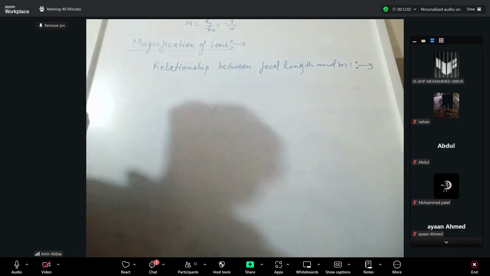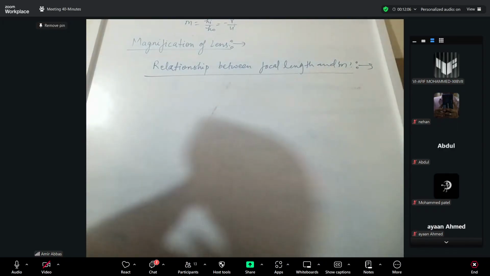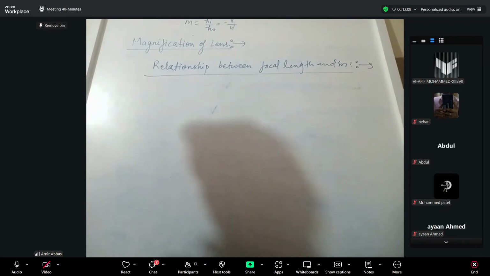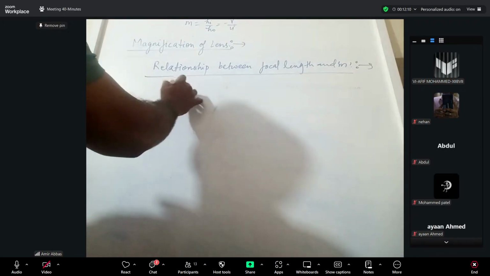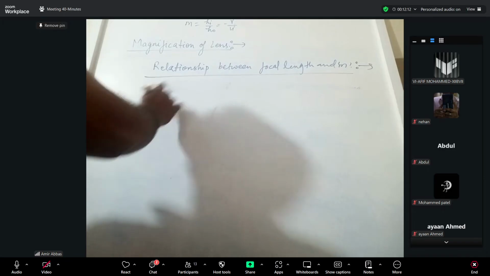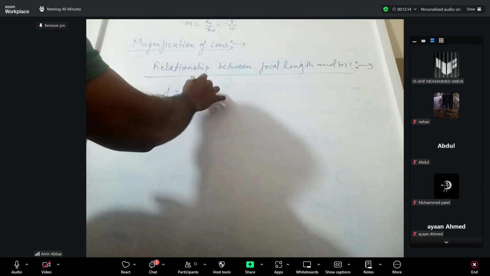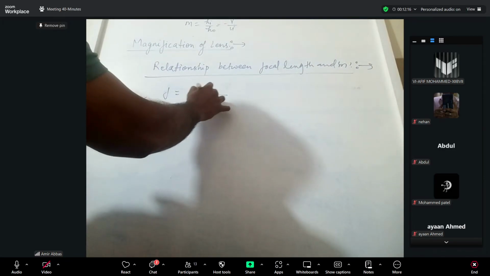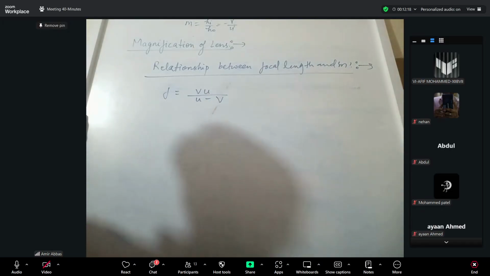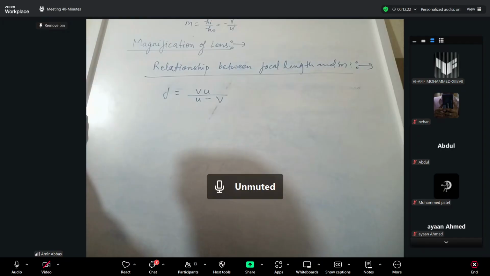There is a relation between focal length and M. What relation is it? What is F? The formula for F, if you write, will come out to be VU upon U minus V. Will it come out to be this or not?